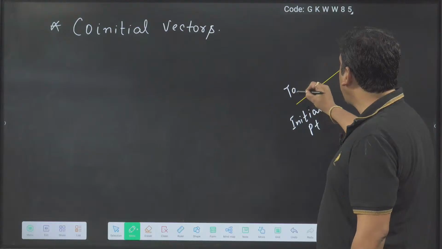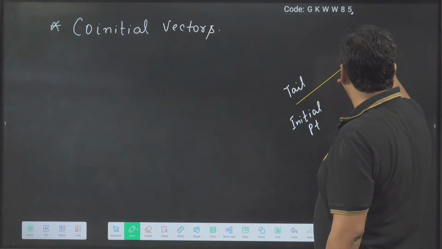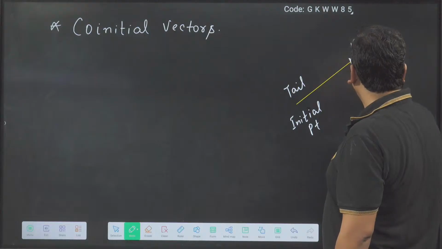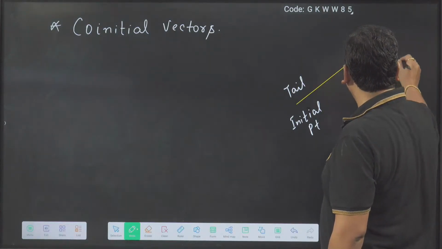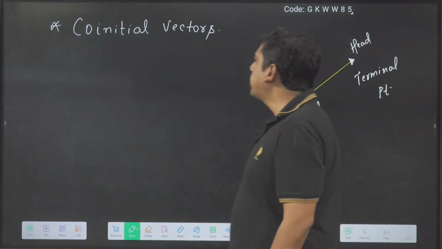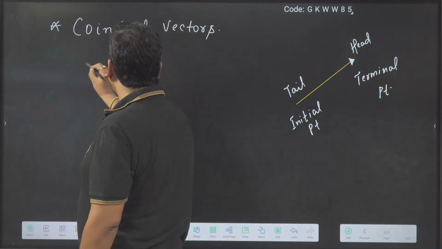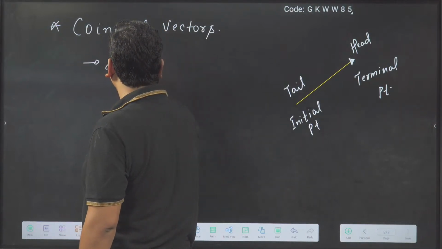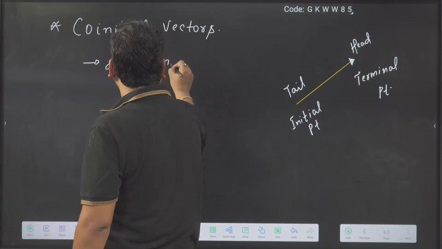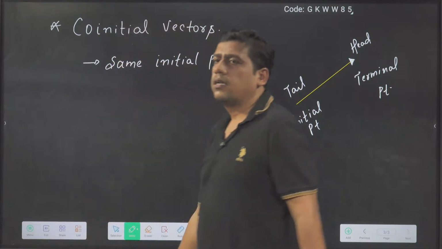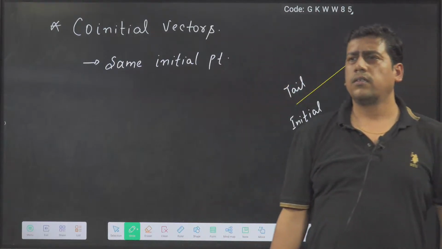The tail we call initial point, and the head we call terminal point. So co-initial vectors means that the initial point is the same. Same initial point. Just remember it.